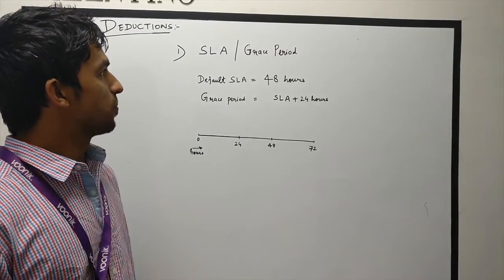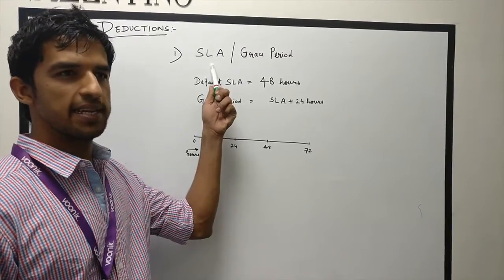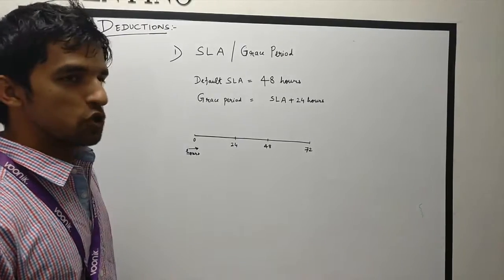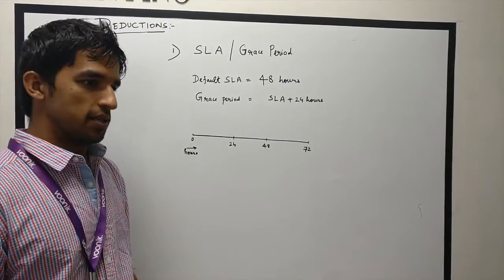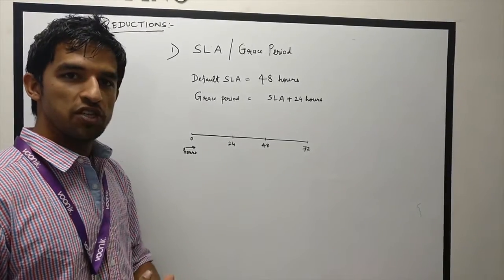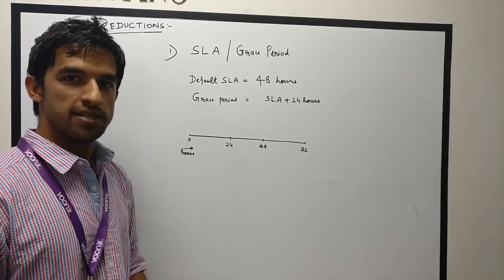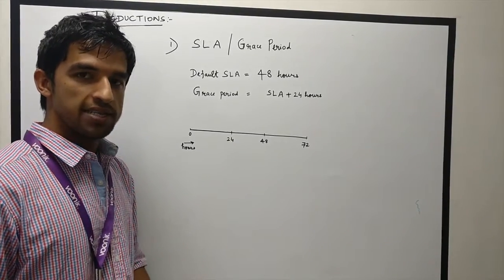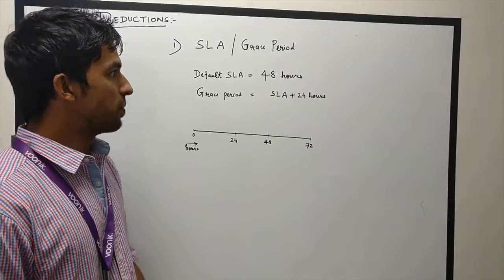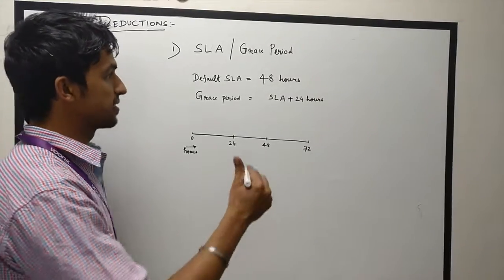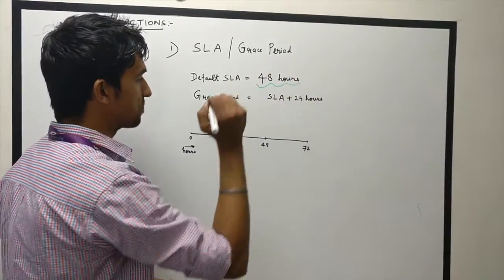We'll start with the first topic, which is what is meant by SLA, what is grace period. So SLA is the minimum number of hours within which a product has to be shipped, that is, it has to be handed over to the designated courier partner. On Voonik Marketplace, our default SLA is 48 hours.